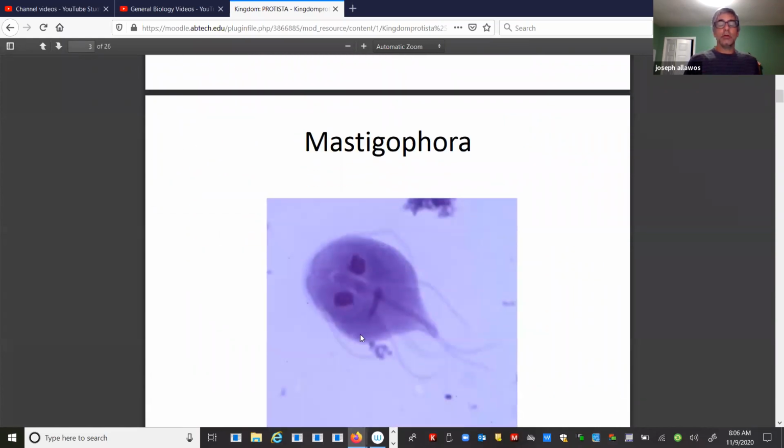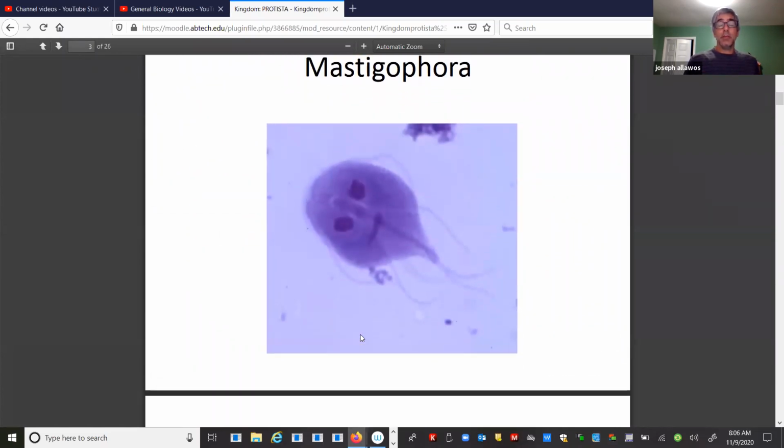One of the most relevant things I can tell you about the flagellates, which are in the Mastigophora, is that there are many parasites of humans in this group. And this one you're looking at here is called Giardia lamblia. Let's write that name down.